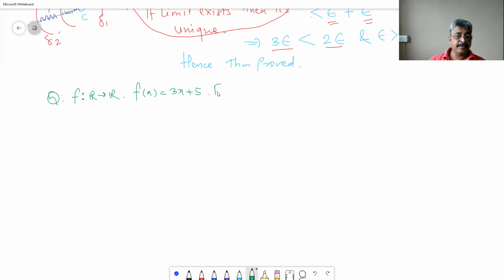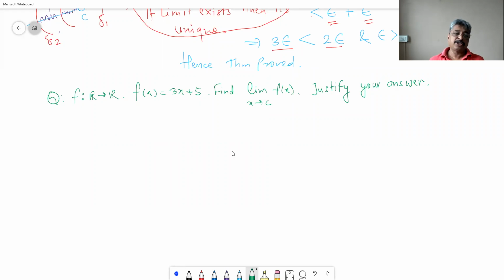Find the limit as x tends to c of f of x. Justify your answer. Okay, so this is the exercise given to you.